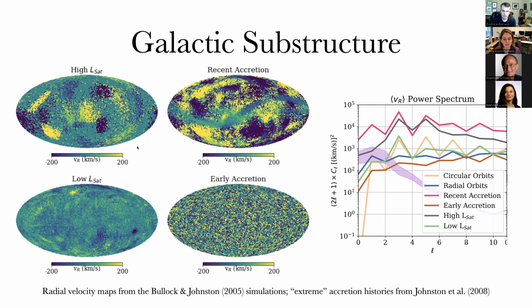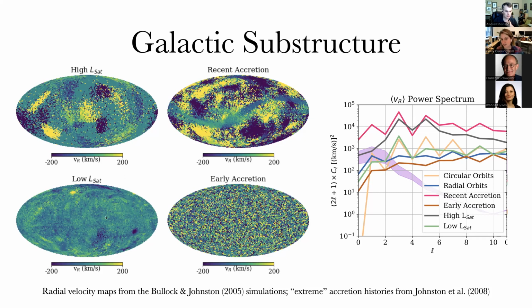So when we looked at the Bullock and Johnston simulations, we looked at what I call the extreme accretion histories, where you can put together a halo that's only comprised of high luminosity satellites or only comprised of low luminosity satellites. Those are the 2 maps that you see here on the far left.